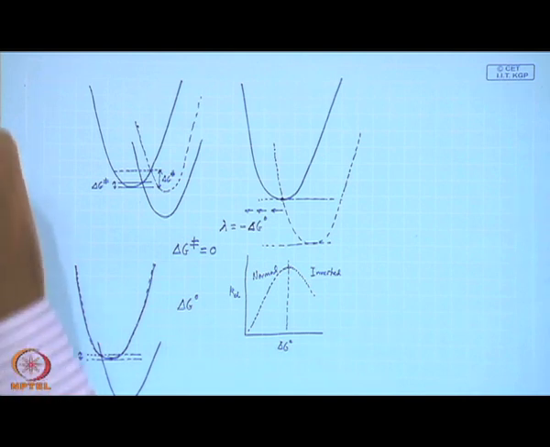So, there is something that we cannot simply explain from the basis of this classical thermodynamics. Okay. That is, the rate of electron transfer decreases even as we increase the delta G 0 value. Okay.